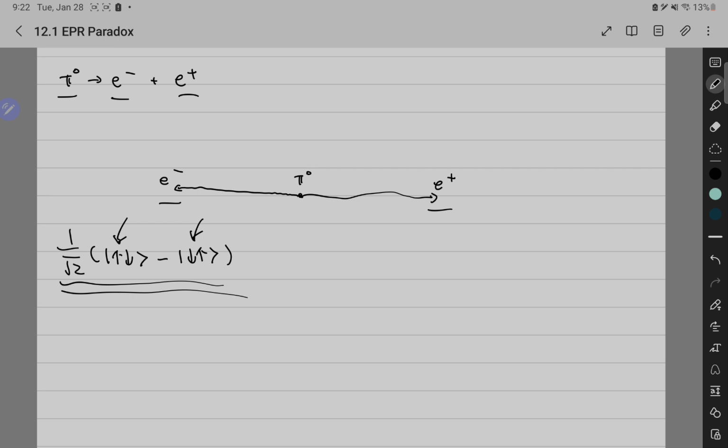So that is the problem for the orthodox view. The orthodox believe that the electron and the positron are both in a 50-50 spin up, spin down situation, and we only know the result after we measure one of them. Even if you have one particle at one end of the universe and the other at the other end, if they're correlated and you measure one of them, the other one would instantly know what the first was measured to be.